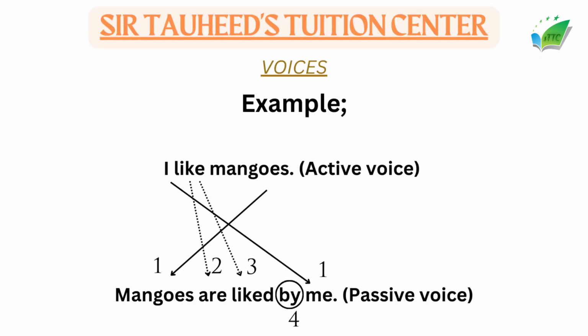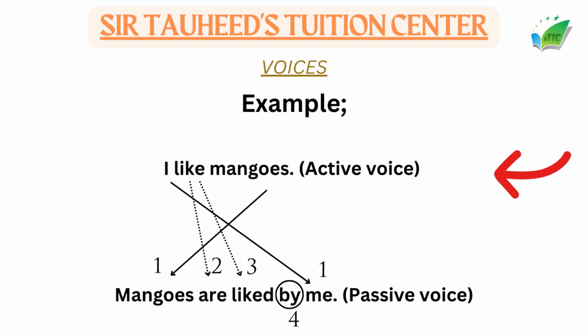Now let's have a look at the example. There is a sentence, I like mangoes. It is an active voice sentence because it starts from the word I, and I is a performer here. This word is something that is performing the action.